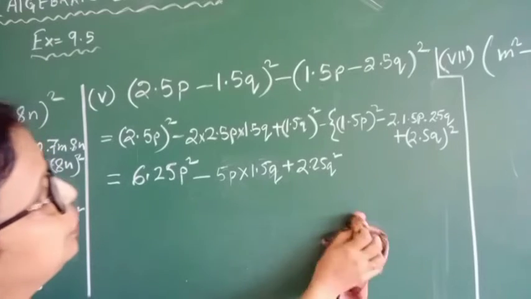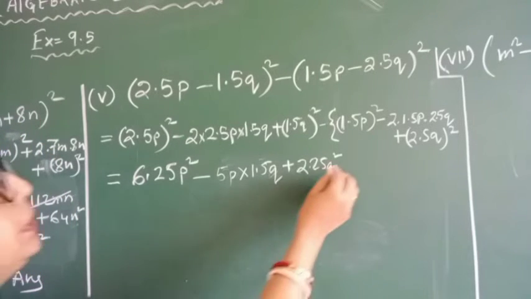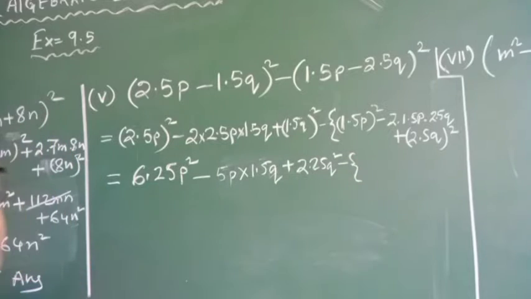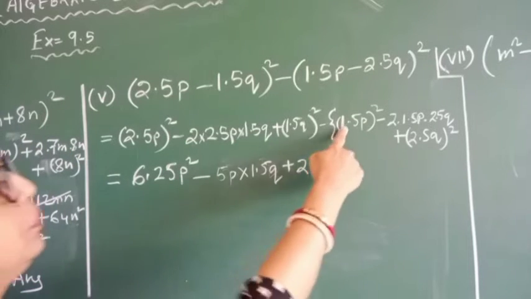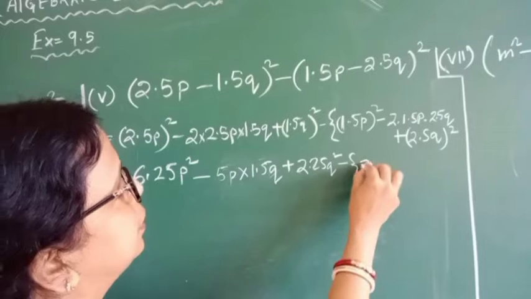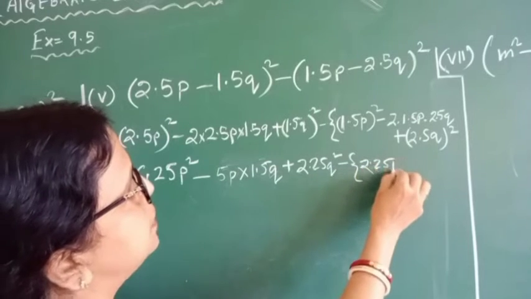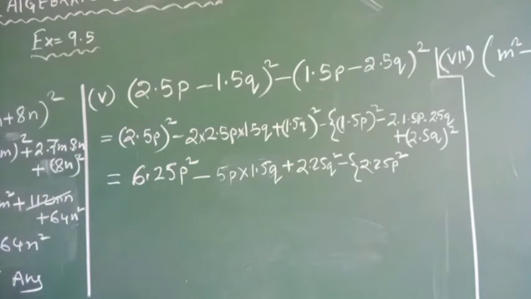The same way you will do here also, but the minus sign is there, so we use the second bracket again, 2.25 p square.